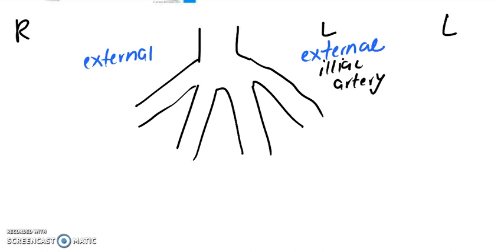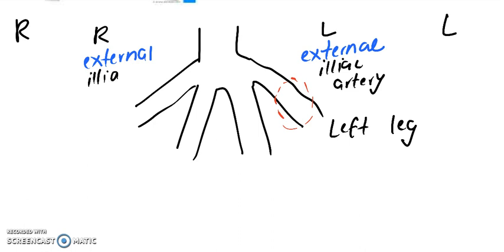And that would be this vessel right here. And this is going to bring blood to the pig's left leg. Okay. Similarly, on this side, this is the right external iliac artery. This is going to bring blood to the pig's right leg.